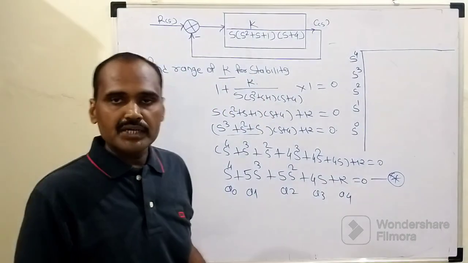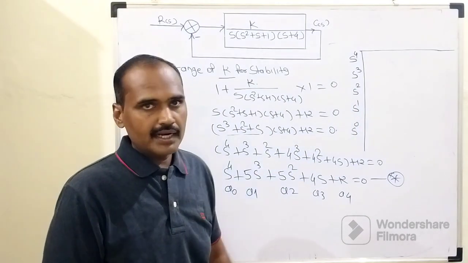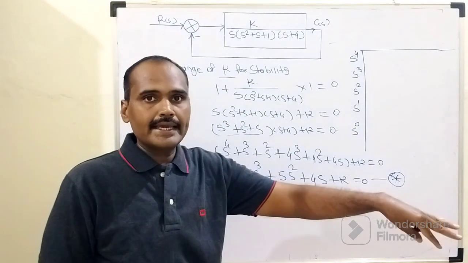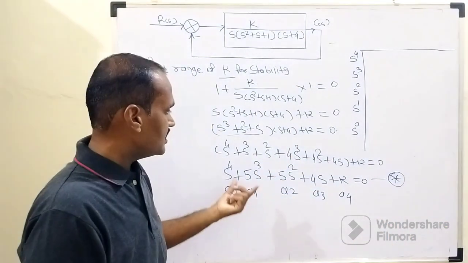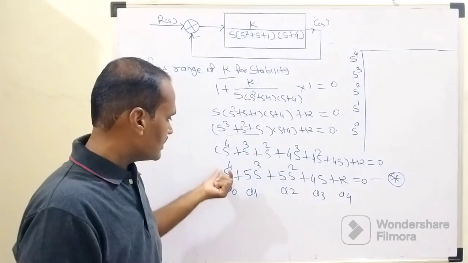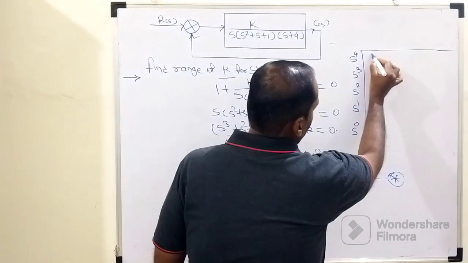Then after that, we already discussed how to declare the elements of this Routh array. Within the first row, we need to collect all the elements lying at even positions, right? Even position starts with the 0th count, so a0, a2 and a4. So a0 is nothing but the coefficient of s raised to 4, which is 1.